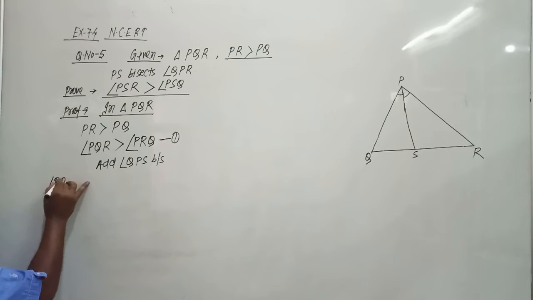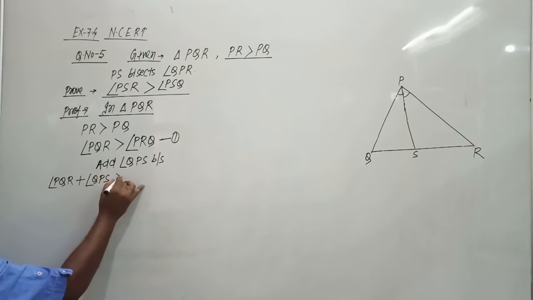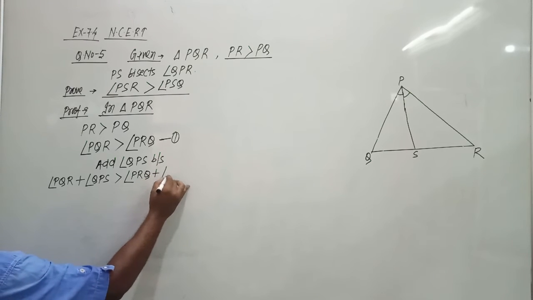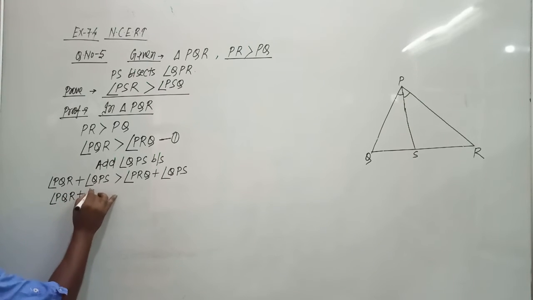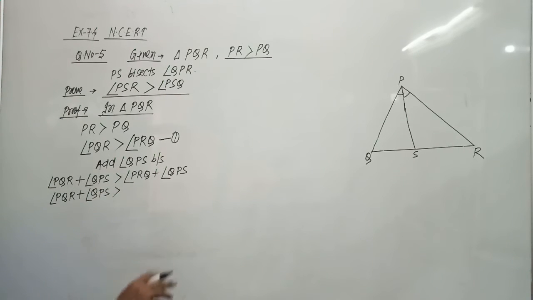So angle PQR plus angle QPS is greater than angle PRQ plus angle QPS. We add angle QPS on both sides.